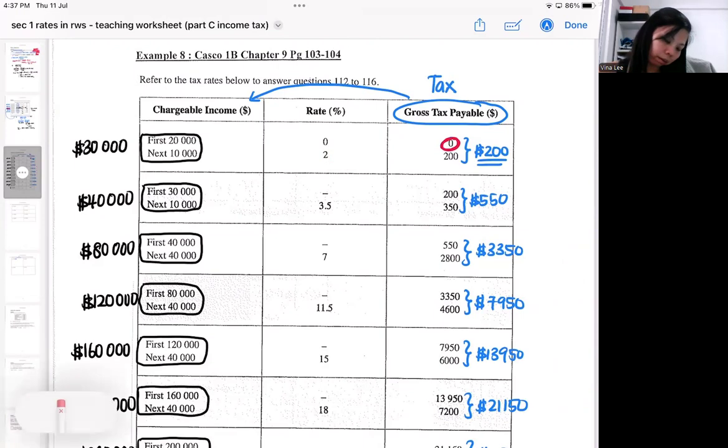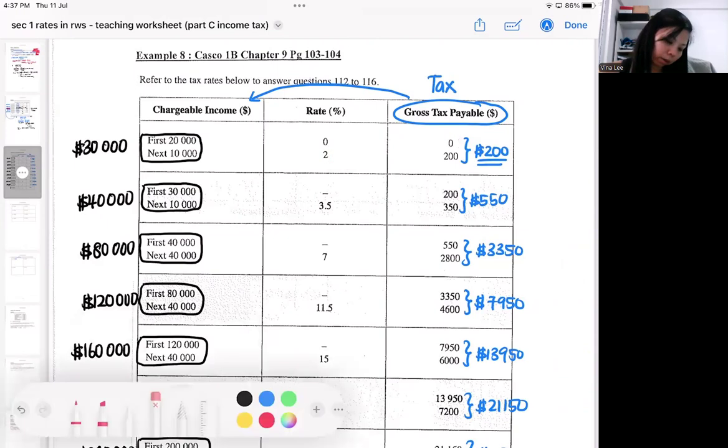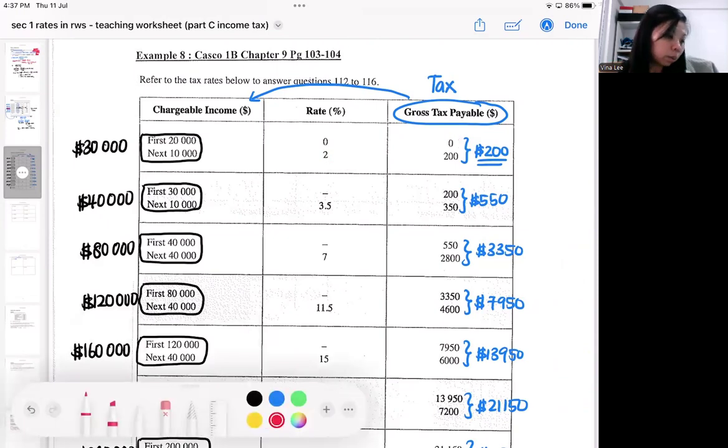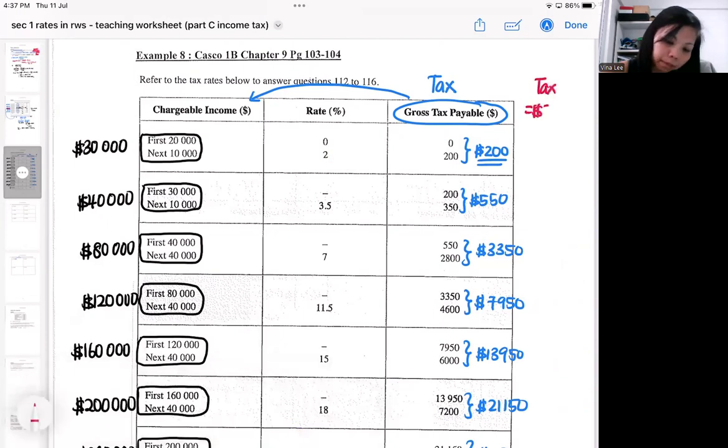So which bracket can you put it in? You cannot put it here. So the only way is actually here. You will put it in this column. This column says that the first basket is 550. The second basket is 7%.